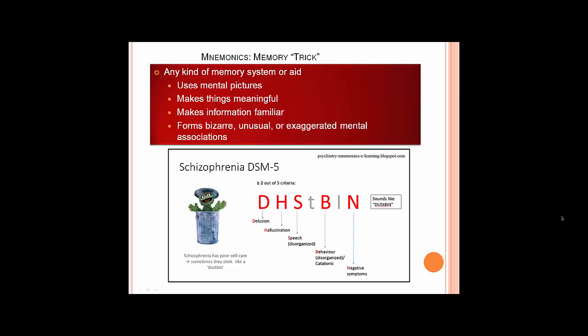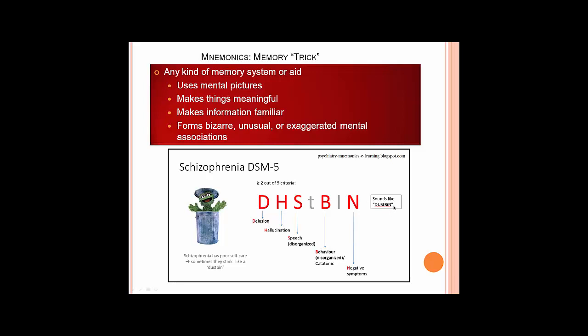For example, here is a memory association for the symptoms of schizophrenia under the DSM-5, or the Diagnostic and Statistical Manual of Mental Disorders, the 5th edition. So the criteria is greater than or equal to 2 out of 5 of these criteria. So this is DHS BIN. So you see delusion, hallucination, and this sounds like dustbin.